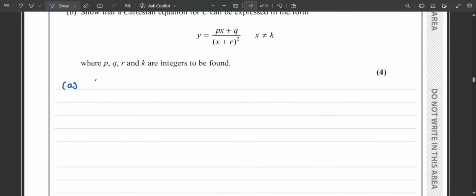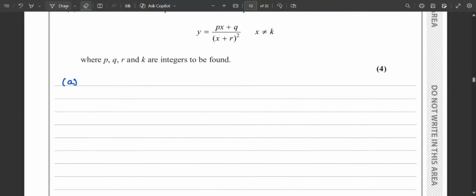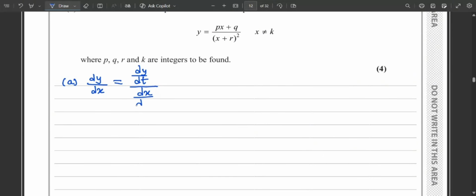To do that, I can differentiate our expression for x, and I can differentiate our expression for y. We know that dy by dx gives us the gradient of our curve C. In order to find dy by dx, we need to know dy by dt, and we also need to know dx by dt.